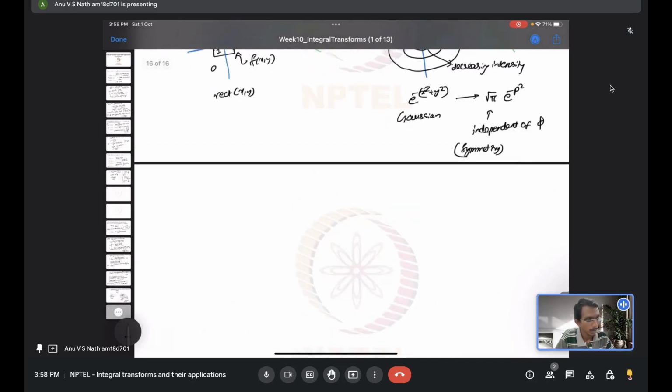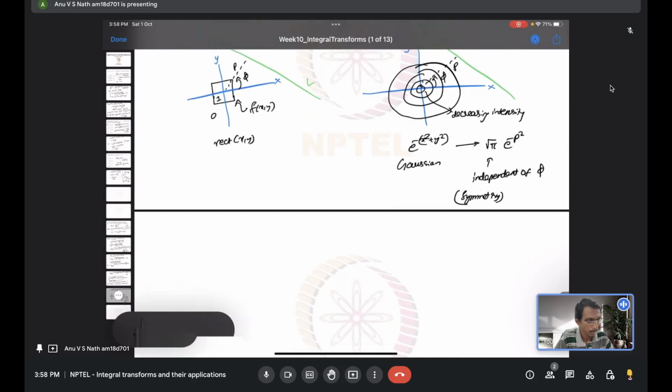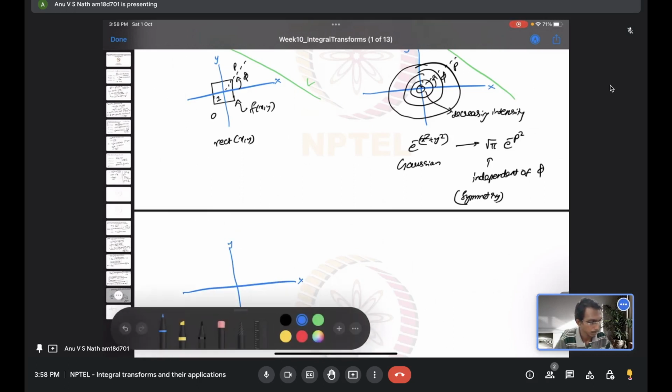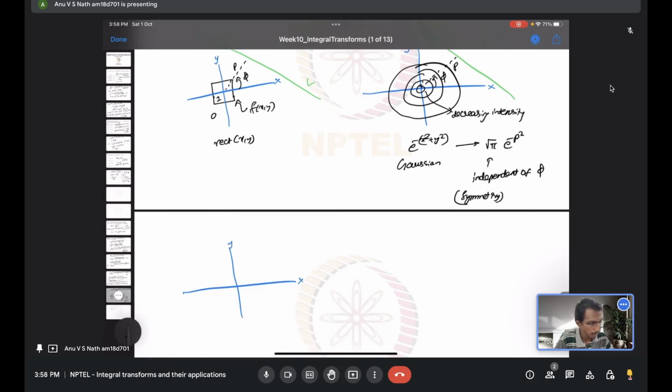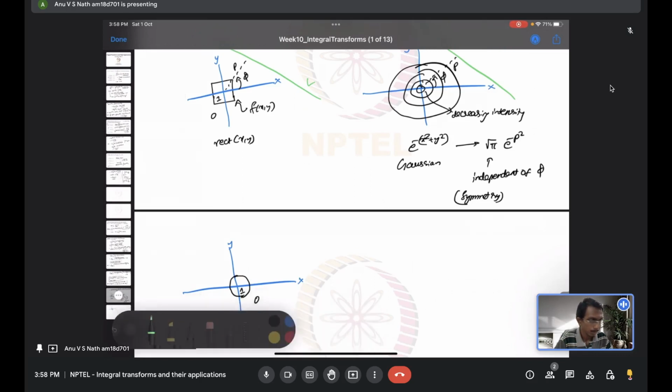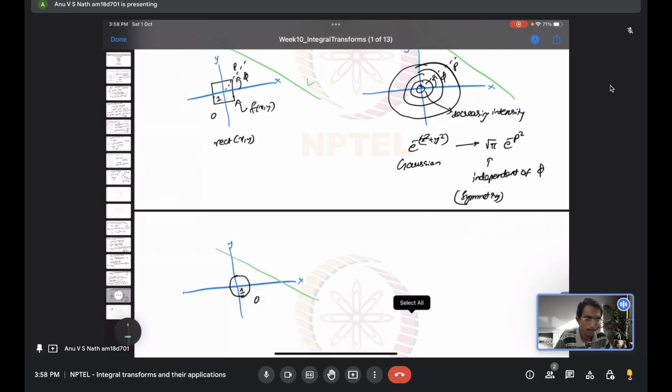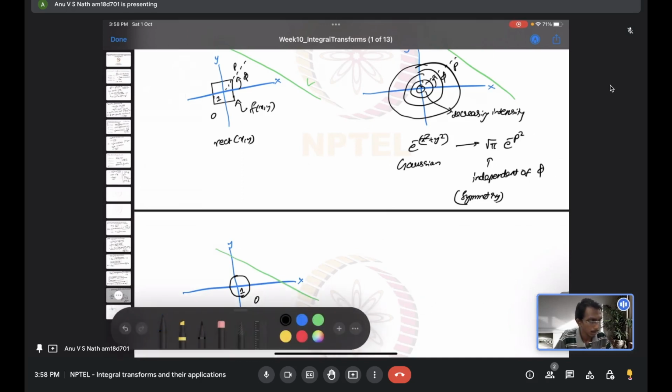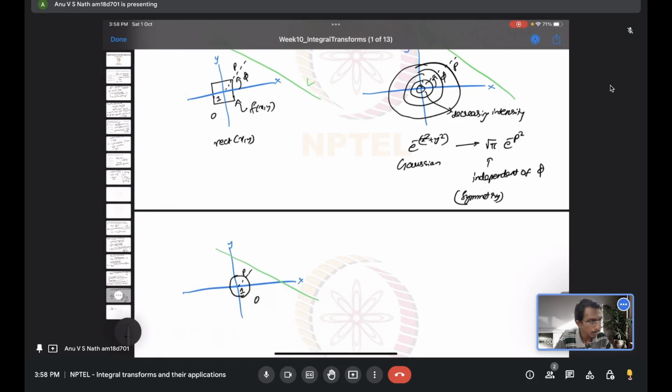Now you can try another problem. Let's say in the xy plane you have another function, a circular function, and unlike the rectangular function, it is 1 inside and 0 outside. You try this. This is actually easier to do compared to the rectangular function. Now you are projecting this with p and phi.